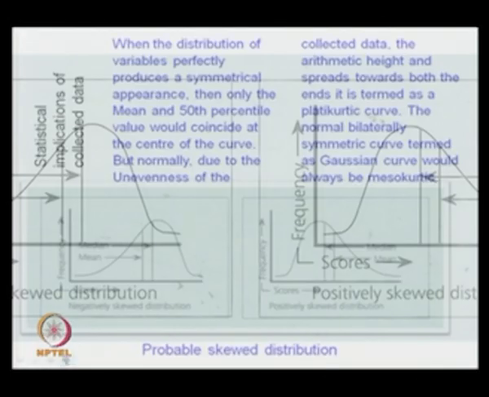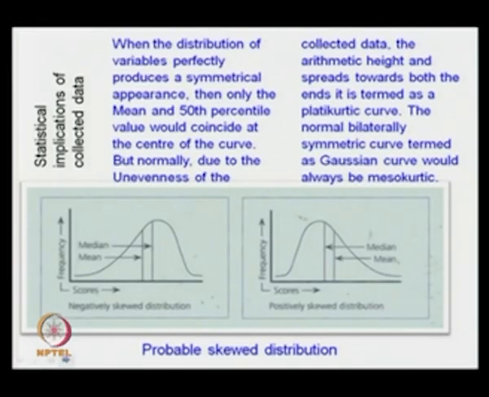Now, in certain cases, the curves are in different structures. This skewness shows that if our subject sampling is not proper, then this type of curves are possible.